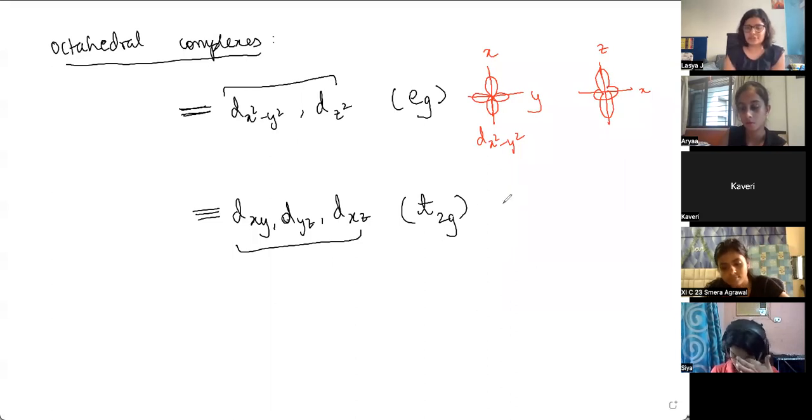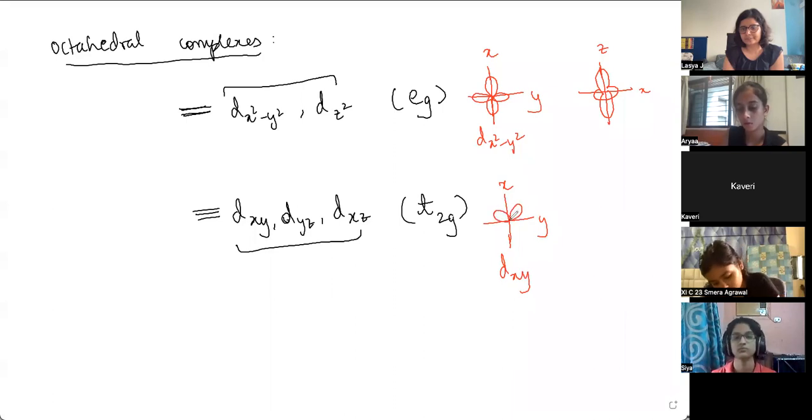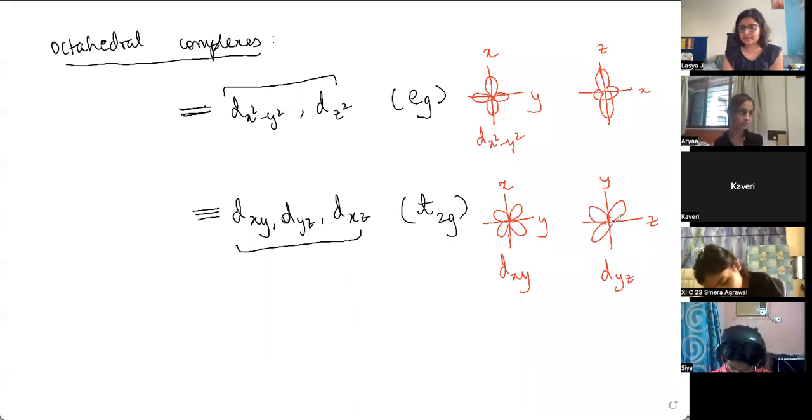And T2g orbitals are in between the axes. Dxy is between the x and y axis, dyz is between the y and z axis, and dxz is in between the x and z axis.